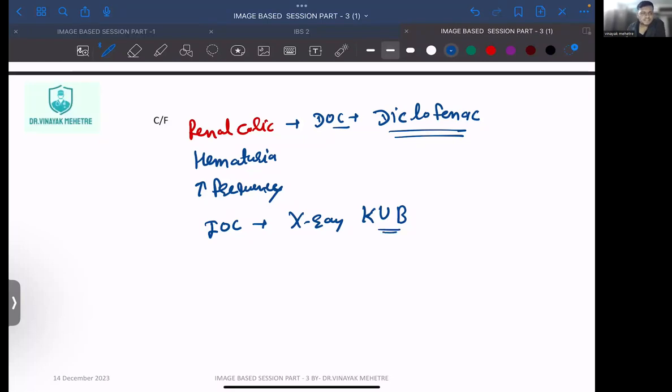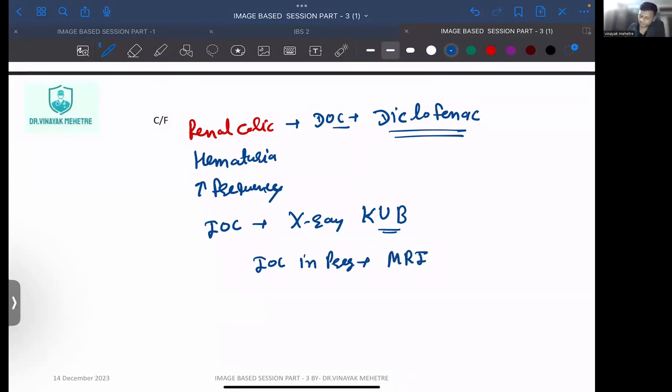But in pregnancy we cannot use it. Okay, because what do we have in pelvic region in pregnancy? We have a child, and we cannot expose this child to X-ray beam. So investigation of choice in pregnancy is going to be either MRI, but it is not going to be done.